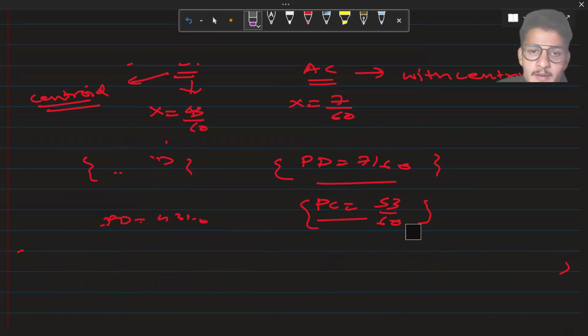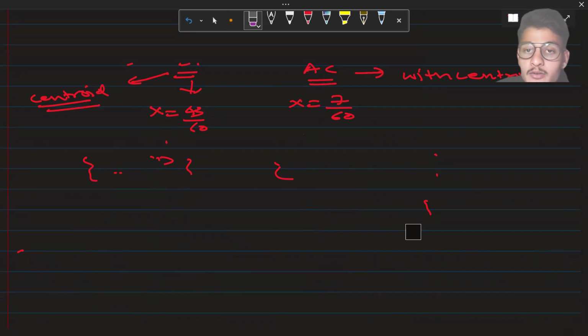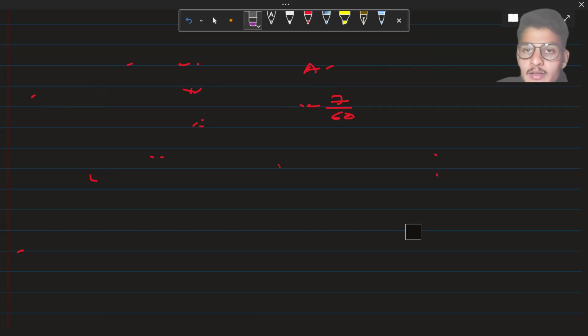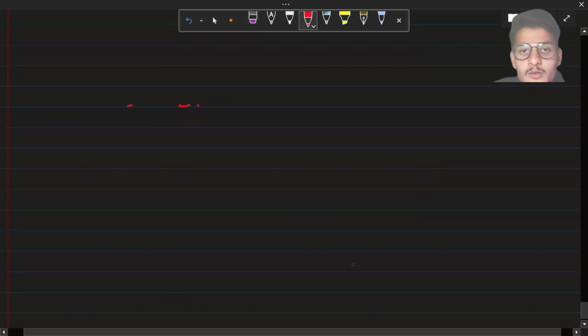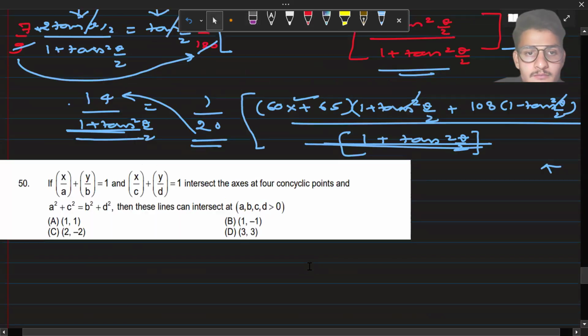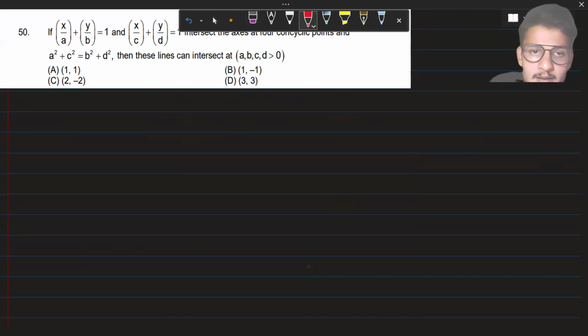I would say yes, because all of those are lying on the same circle only. They should lie on the same circle. That is the condition, not different circles. If they're lying on the same circle, then those points are concyclic. So what is given? Let's try to understand the problem.